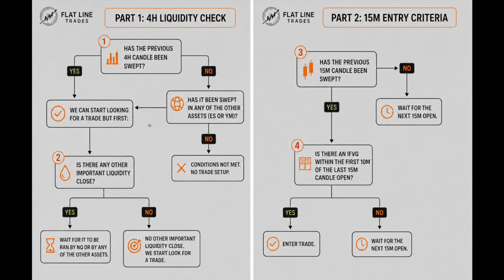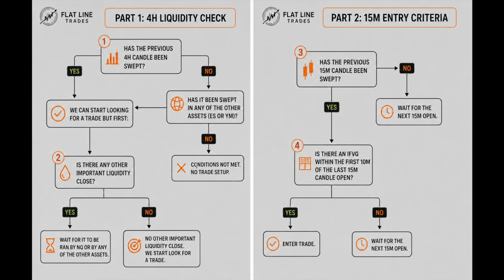So let's just go over part 1 here. What I first look at when I get into the charts is, has the previous 4-hour candle been swept? If this is no, then I would have to look if there's any SMT, if it's been swept in any other assets, like ES or YM.